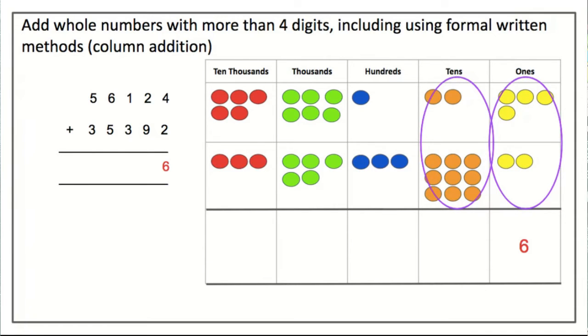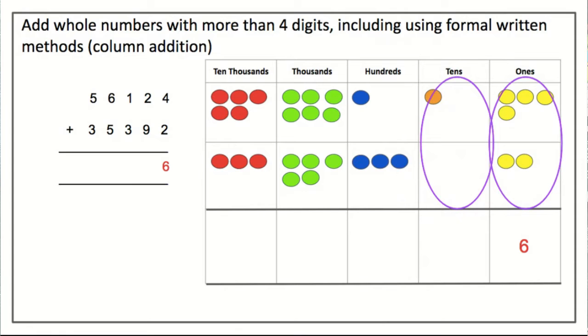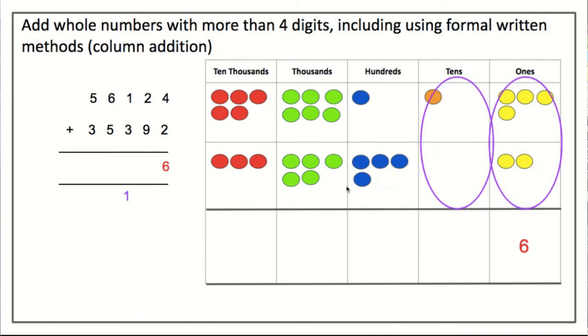From the 11 tens, we can use 10 tens to make 100. These 10 tens are grouped together, taken off the chart and changed into 100, which is placed with the other 300s. The 1 is also written here in the hundreds column of our written method.